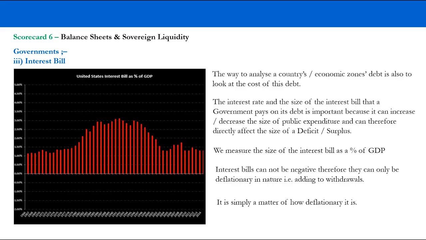An interest bill can only be a withdrawal, and it's basically just simply a matter of how deflationary it is. So it can't be inflationary because it's a withdrawal. It can only be deflationary, and it's a matter of how deflationary it actually is.